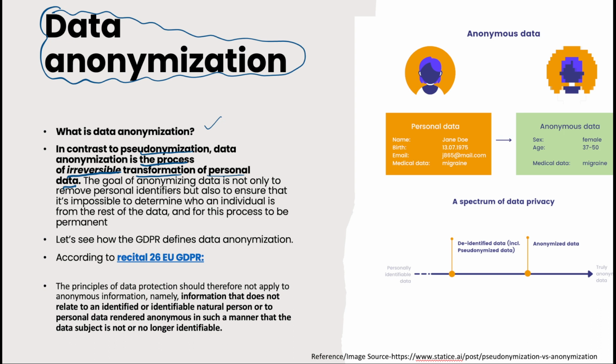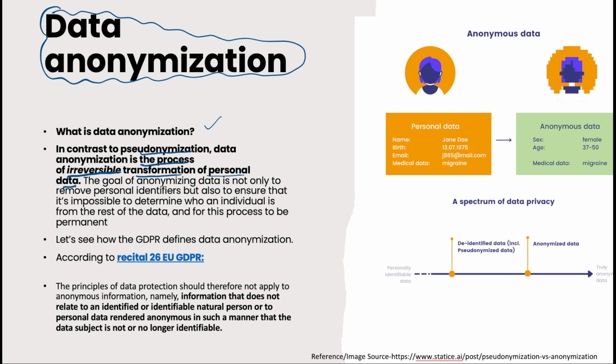Once you anonymize the data, where this is a person and this personal data belongs to this person, you cannot identify the data subject or person with this anonymized data. So this is an irreversible mechanism.